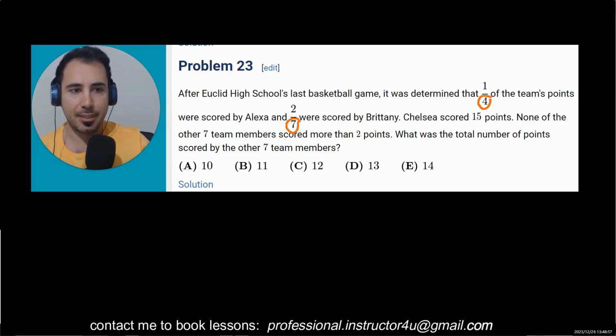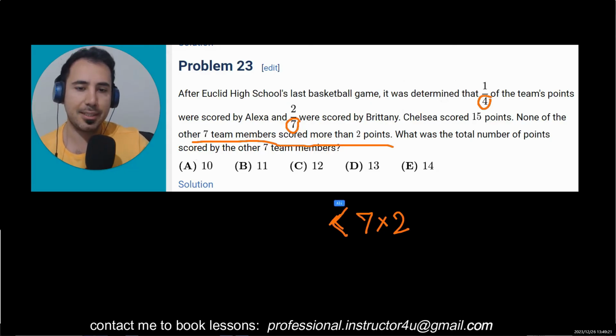And then Chelsea scored 15 points, and none of the other 7 team members scored more than 2 points, right? What does that mean? That means the rest of the team members didn't play so well, right? The 7 players scored fewer than or equal to 2 points. So that means the number is going to be smaller than 14, okay?